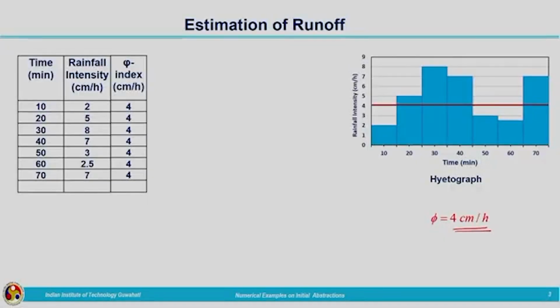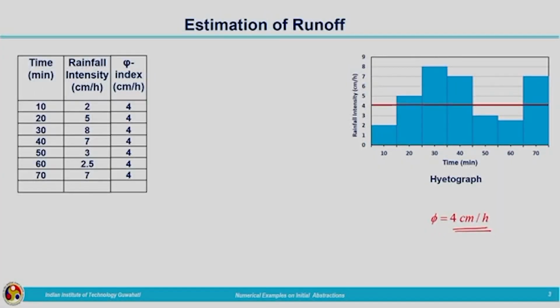This is a constant rate of abstraction, so it will be a straight line throughout the time period. You can see that 4 centimeters per hour, the phi index value, demarcates the excess rainfall and the abstractions. The rainfall coming above the phi index value contributes to the direct runoff, which is marked here by the dashed lines.